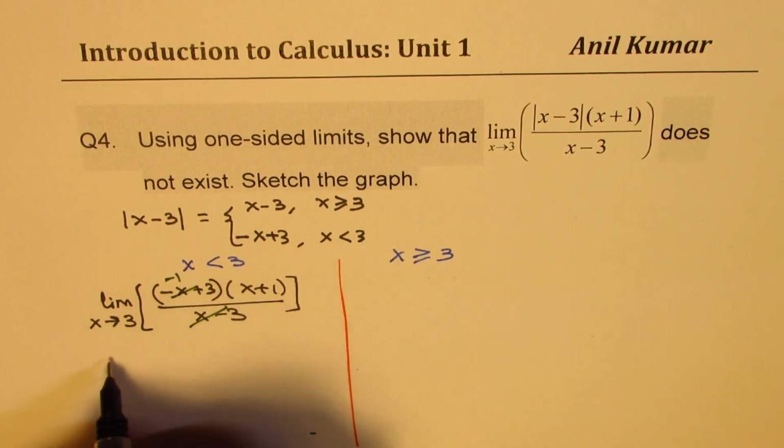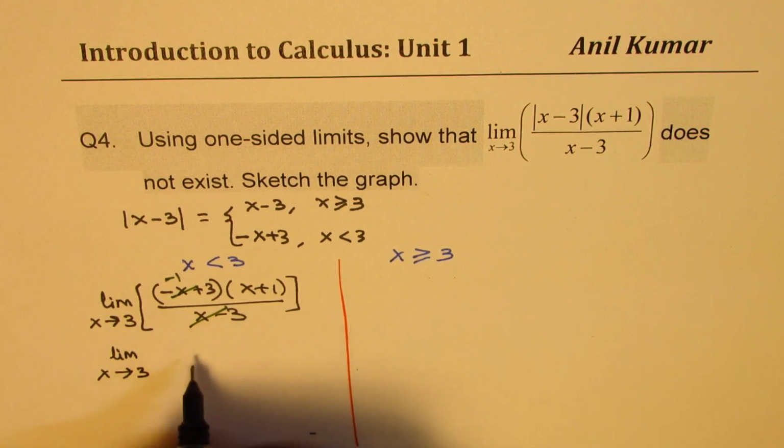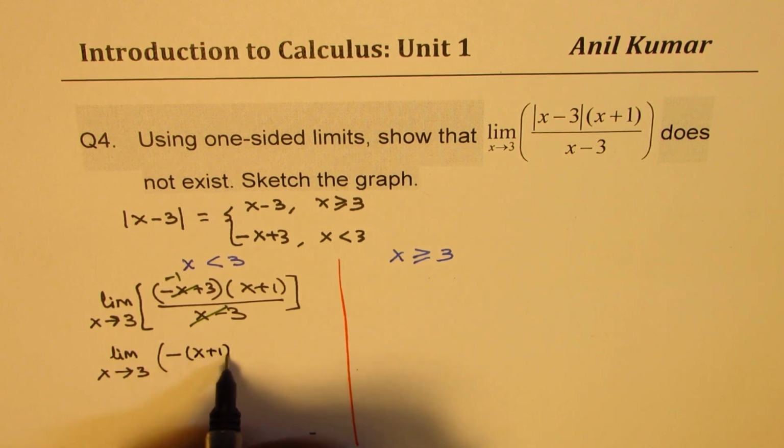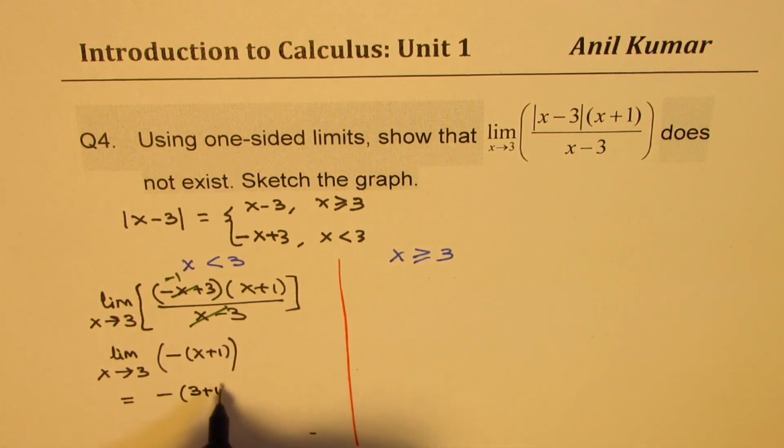So we could write this as the limit x approaches 3 of negative of x plus 1, correct? Substituting 3 here, we get the answer as minus of 3 plus 1, which is negative 4.